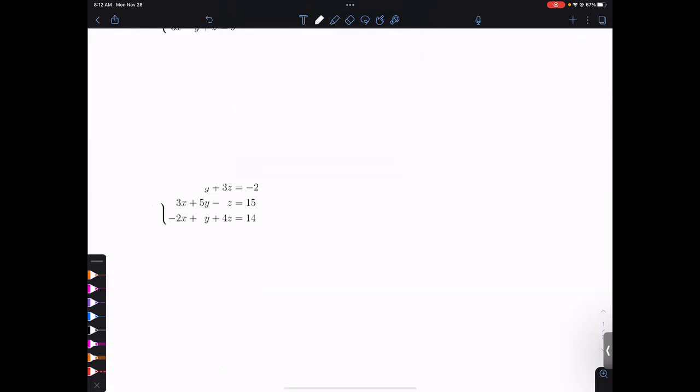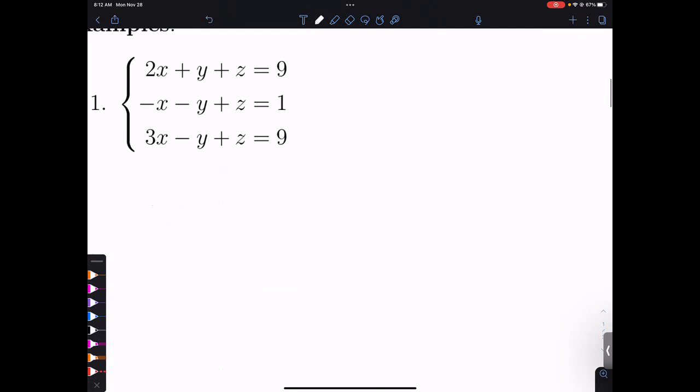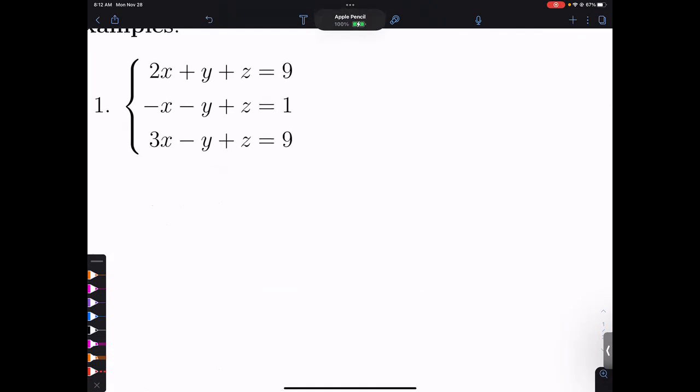I want to make sure I've got plenty of room here. The one thing that I would advise going into this: last week I made a big deal about being deliberate about saying what my intentions are, right? Like I'm going to take these two things and eliminate x so that I can solve for y.